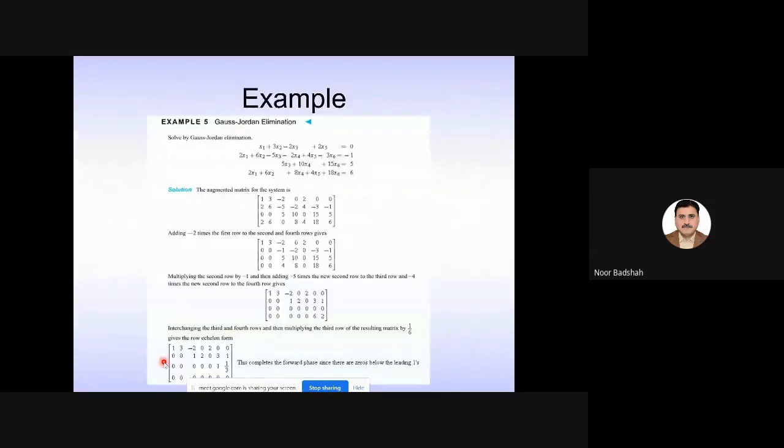Okay, so let's do this example. If this is the system of equations, x1 plus 3x2 minus 2x3 plus 2x5 is equal to 0, and so on. There are 4 equations with 6 variables.